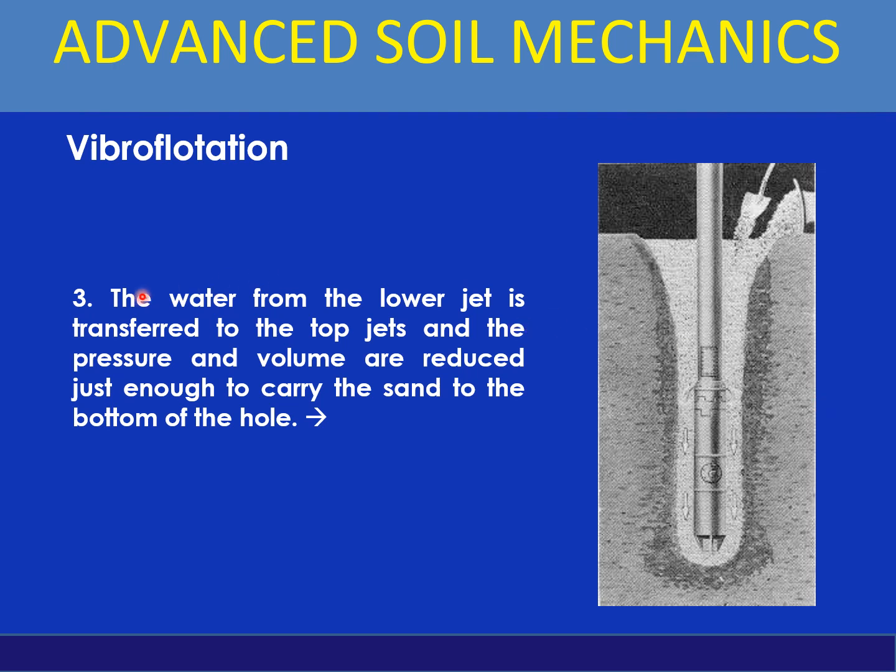The water from the lower jet is transferred to the top jets, and the pressure and the volume are reduced just enough to carry the sand to the bottom of the hole. The sand is being placed into the hole.